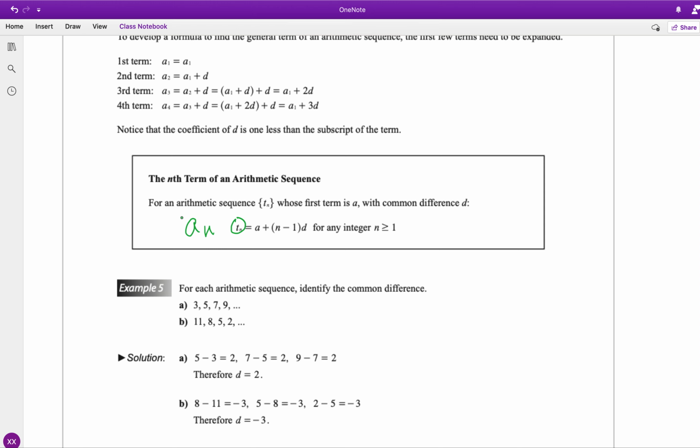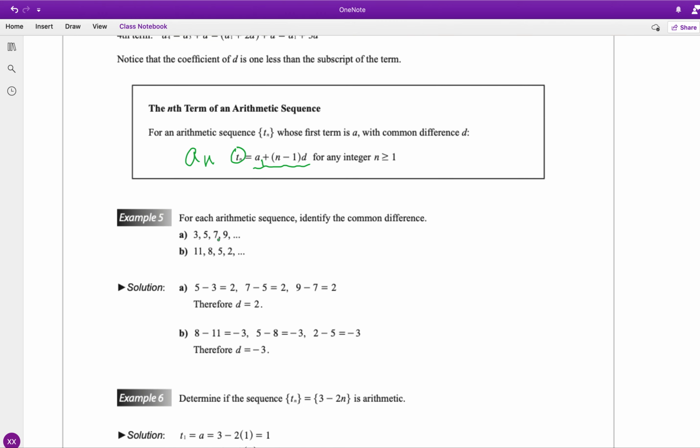Any term value is given by this formula, and we proved it in class. This first A is A1. As long as you know the position of a term, you should be able to calculate how much this term is.